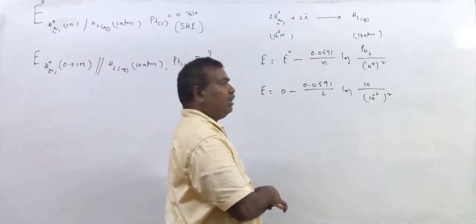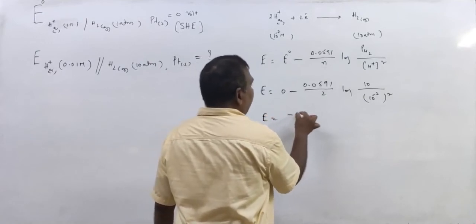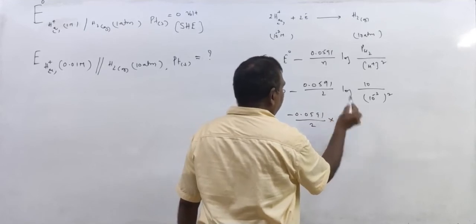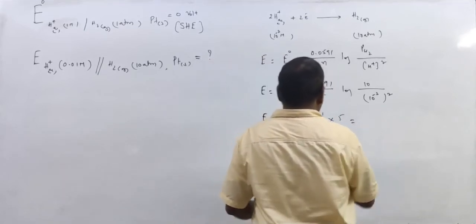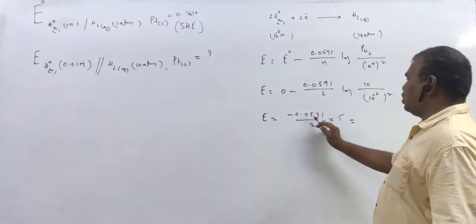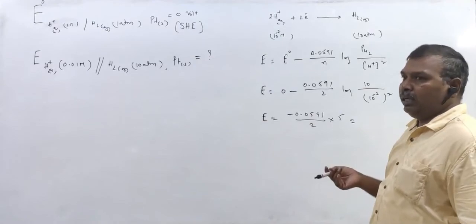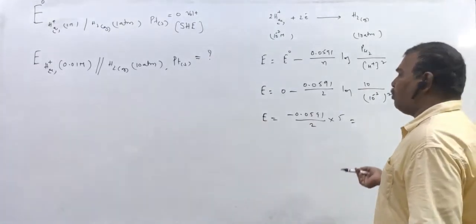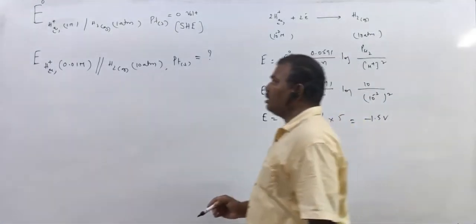So the log of 10 power 5 is 5. So E is minus 0.0591 by 2 into 5. Take this as 0.06, 0.06 into 5 is 0.3, 0.3 by 2 is 0.15, so minus 0.15 volts. This is the answer.